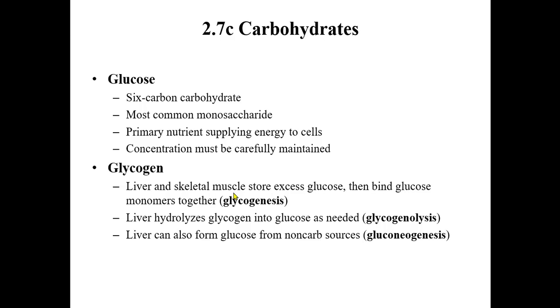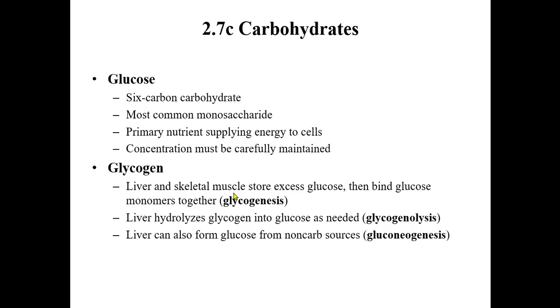Let me backtrack in what I've said so far. Glucose is your simplest form of carbohydrate. Then we have glycogen, which is a polymer, and as a polymer it is stored in skeletal muscle. So your muscles have a lot of glycogen.